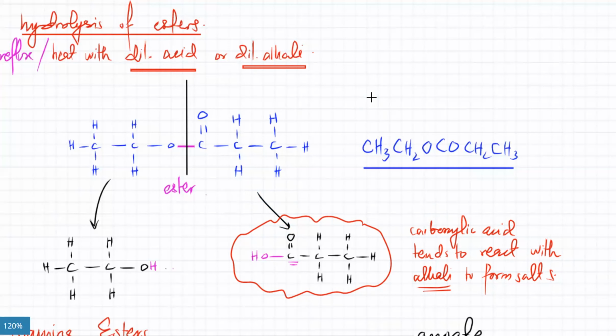What you get is a salt of the carboxylic acid, because acid and alkali react. If you break it down with dilute acid, no issues, you get exactly the same thing. But with alkaline hydrolysis, or heating it with dilute alkali, it will break down and produce the same thing, but this product would tend to react with the alkali to form a salt.